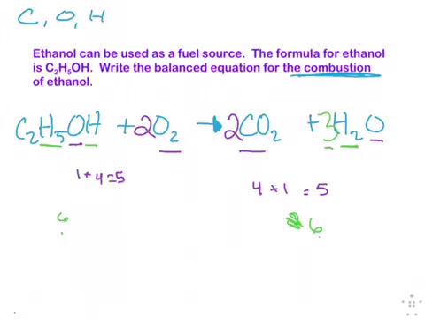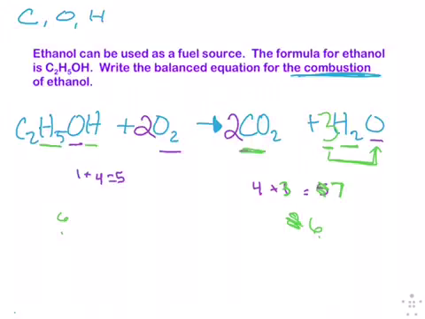However, putting the 3 here messes with these oxygens. So now we have the 4 oxygens right here, plus the 3 over here, for a total of 7. See what I mean? They're kind of a pain in the butt.